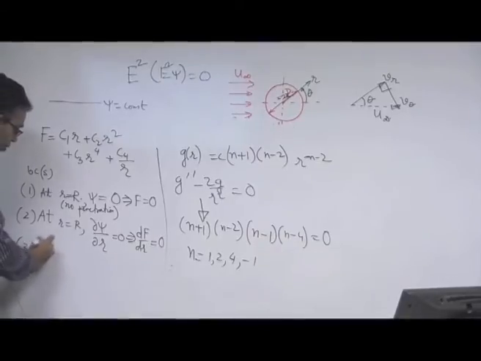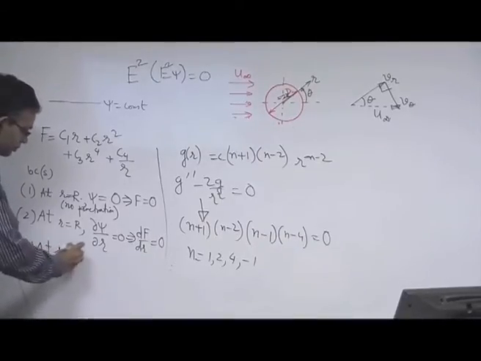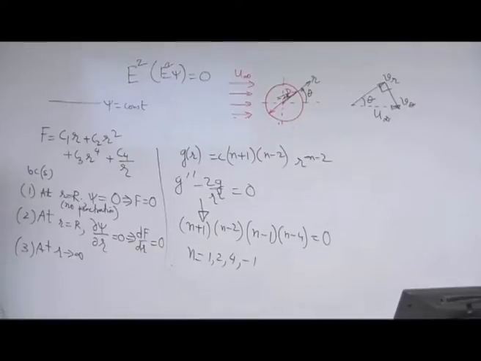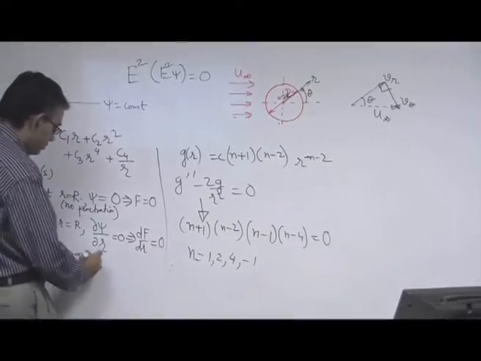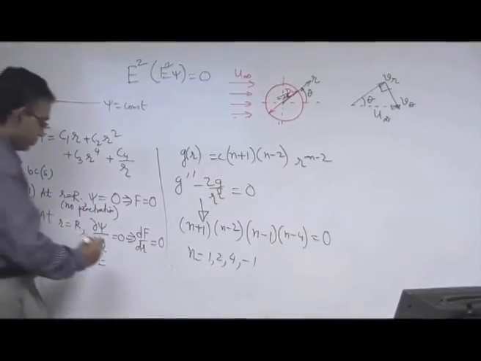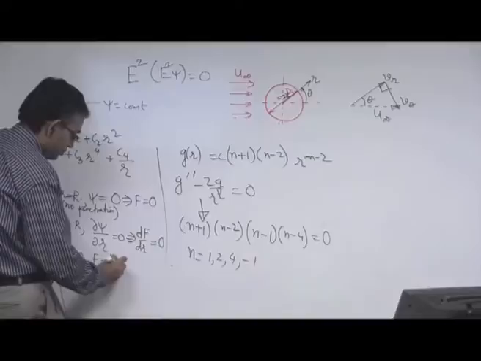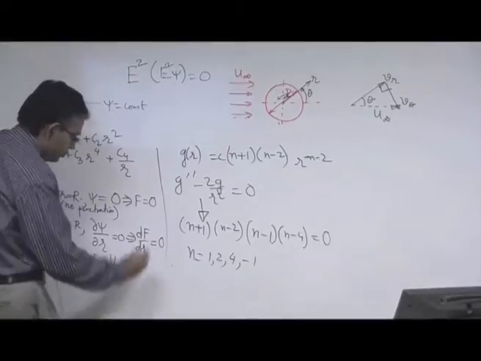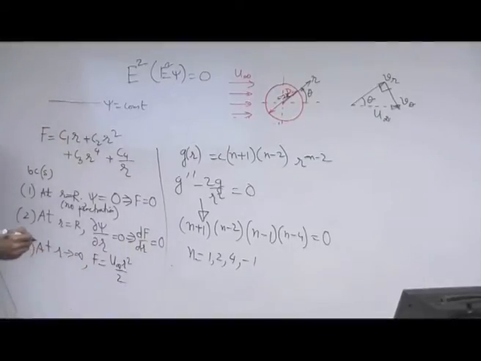At r tends to infinity, what is f? This we have already calculated. What was f? U infinity r square by 2. That means what can we say from here?